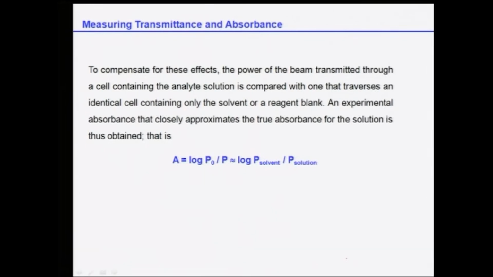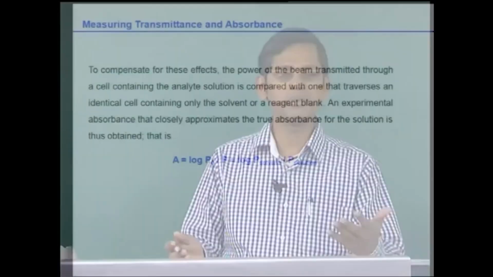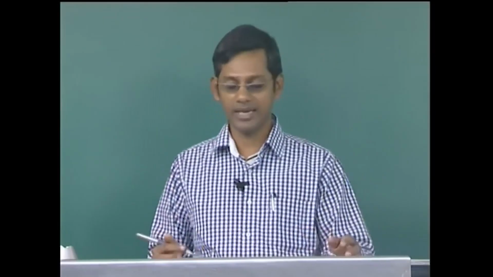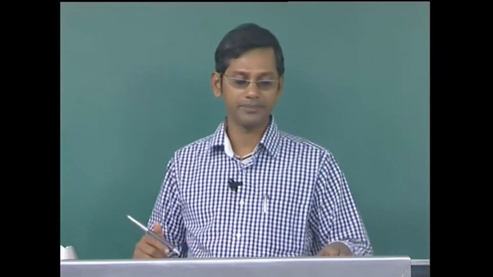An experimental absorption that closely approximates the true absorption of the solution can then be obtained. So you can write absorption equal to log P0 by P, approximately equal to log P solvent by P solution, if you have a container that contains only solvent or the reagent. This is very simple to describe, I do not need to go into detail.